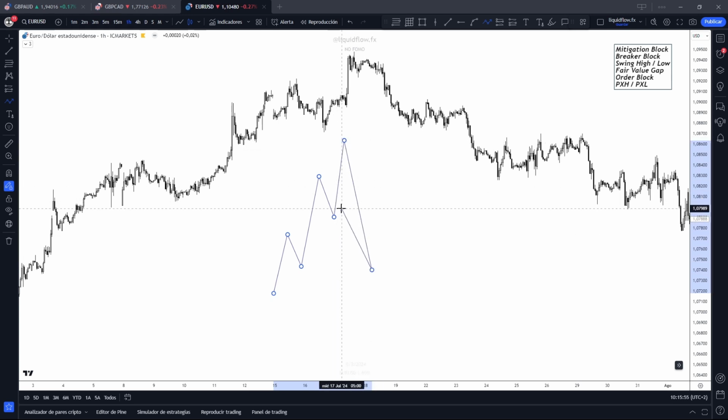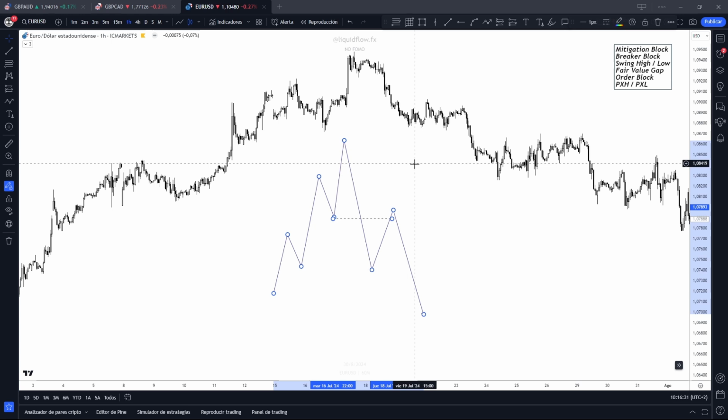It didn't respect this order block, this mitigation block, and broke below it. So it didn't respect them, and then it must reach back to take this area and then continue lower. Okay, in this case we will use the last swing low, or the candle that created that swing low.